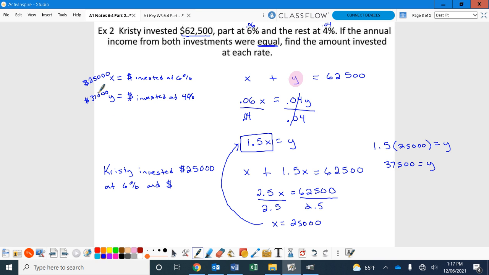Yeah, I just didn't write the 5 up there. Make sure I get it. $37,500 at 4%. Questions, concerns, anything about that?